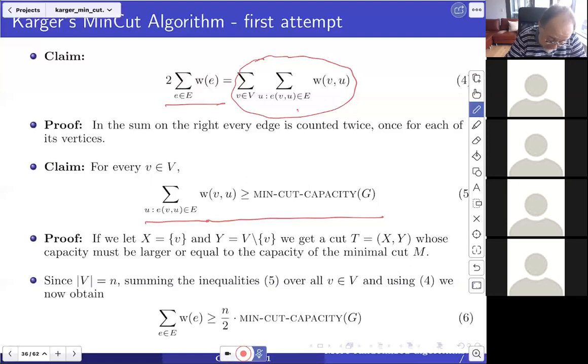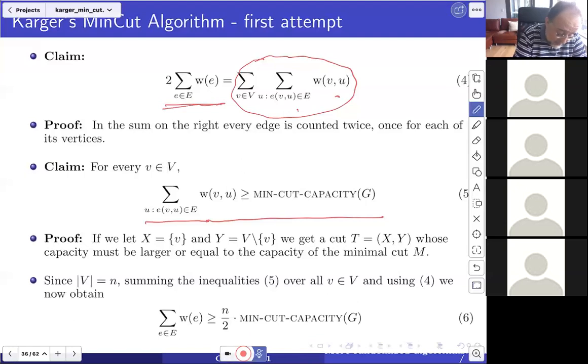And on the right-hand side, I will get min cut repeated as many times as we have inequalities. But the number of inequalities is equal to the number of vertices, because for each vertex V we get one inequality and then we sum them up. So this sum, which is equal to that, is n times min cut.